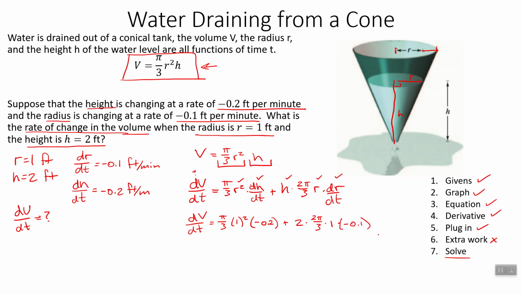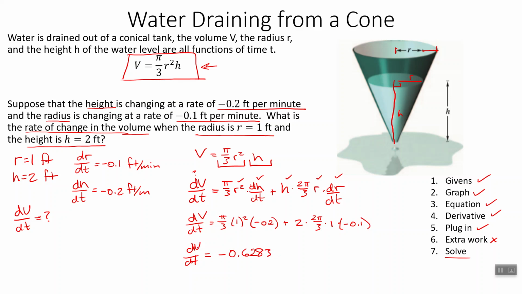And now we're just working all this out. So if we just type that into the calculator, we get that dV/dt equals, all right, so this guy's going to be negative, this guy's going to be negative, so our answer should be negative. So I did get a negative number, 0.6283, and it kept going.